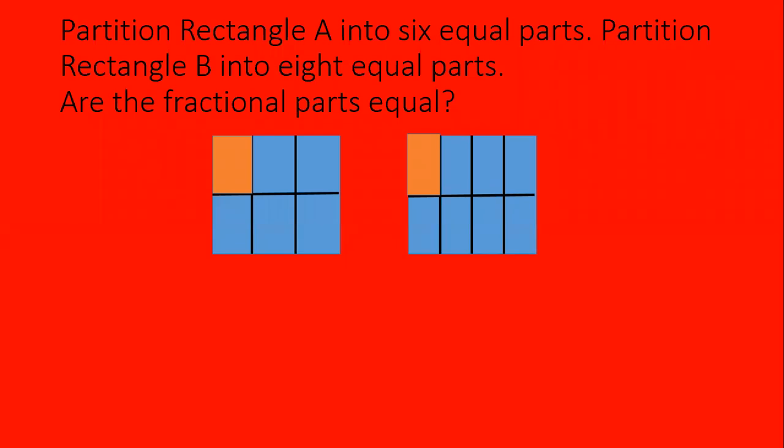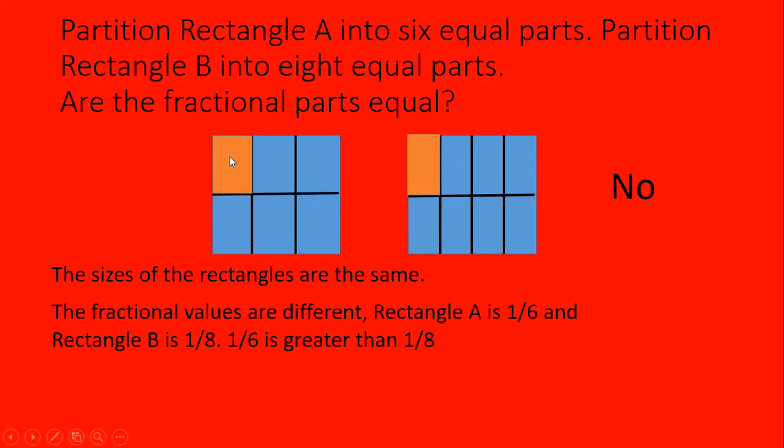And our third problem, it says partition rectangle A into 6 equal parts, partition rectangle B into 8 equal parts. Are the fractional parts equal? Now this one is a little different than the last two, but the fractional parts are still not equal, and I'll tell you why. So the sizes of the rectangles are definitely the same.